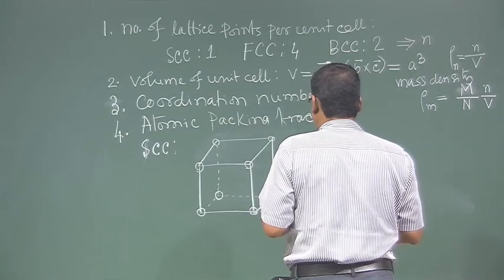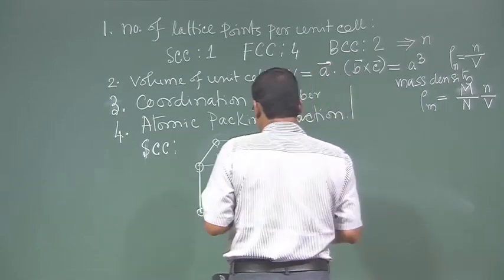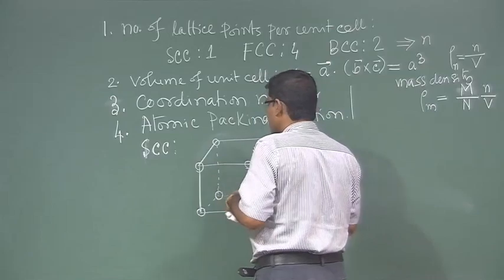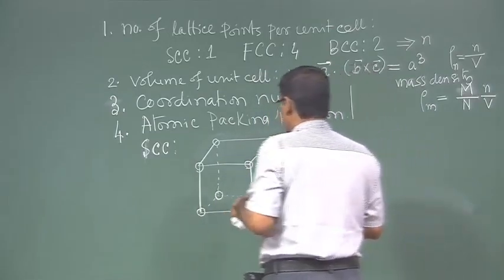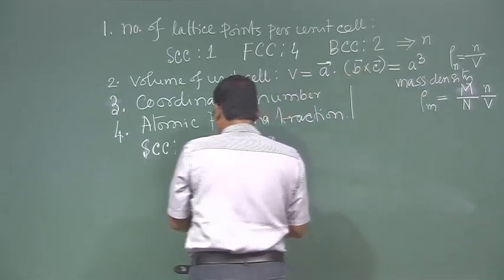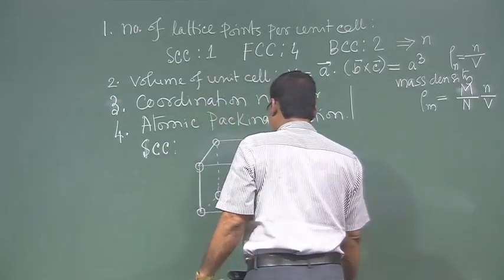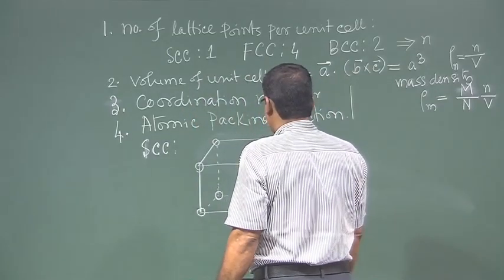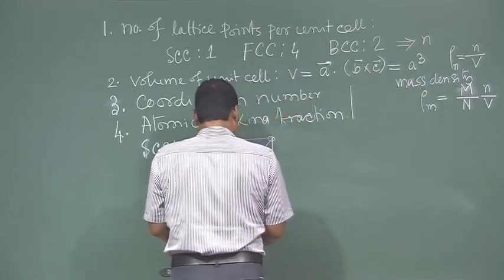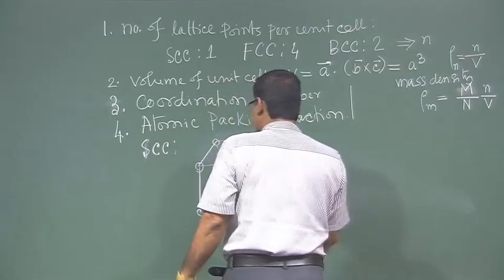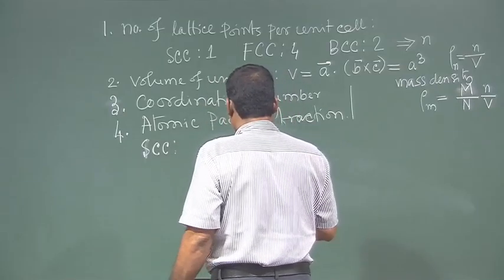So, the nearest two atoms will touch each other, then we can find out the distance between the two atoms in terms of radius.